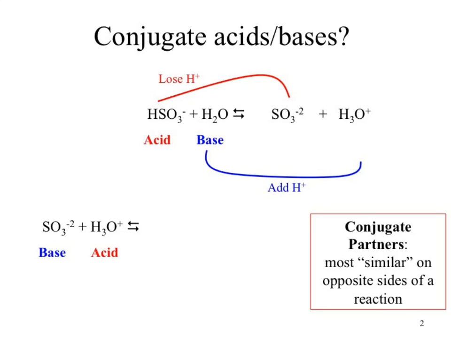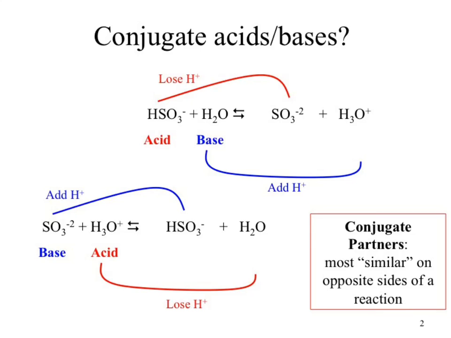The more important aspect here is that if we look at that reverse direction, we put it into our standard format where it's left to right, we can go through and predict what happens, again, by looking at those. One of the things that we could then define is comparing the similar species across the reaction. HSO3 minus looks an awful lot like what?